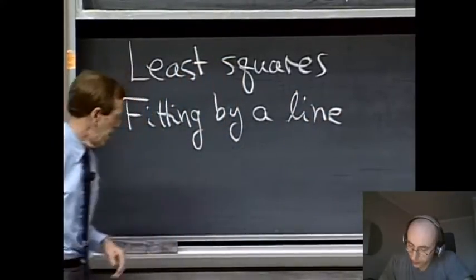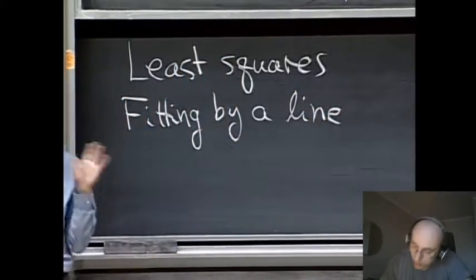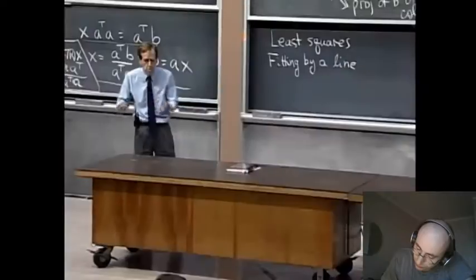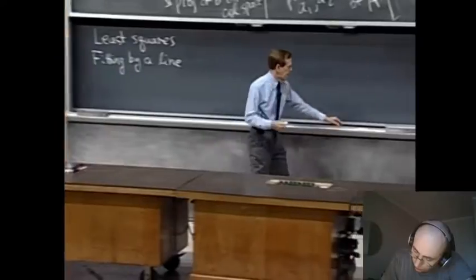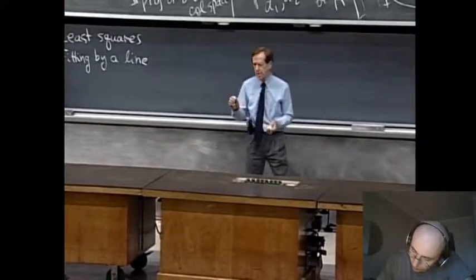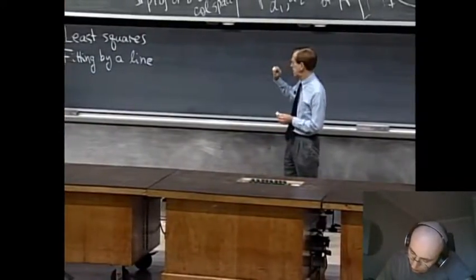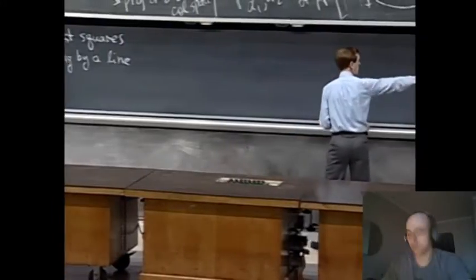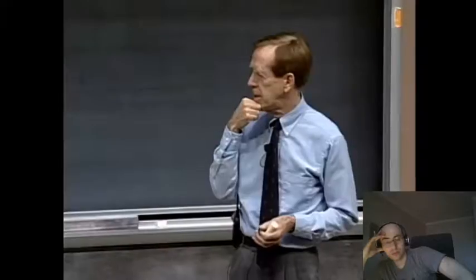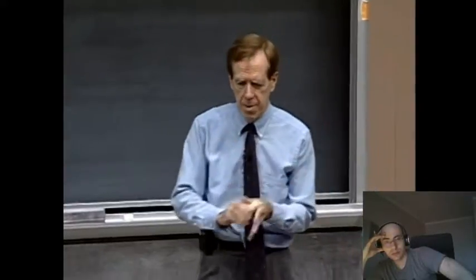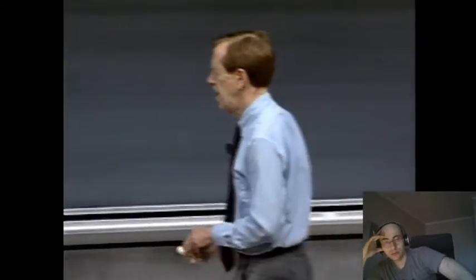I'll start this application today, and there's more in it than I can do in this same lecture. That'll give me a chance to recap the formulas and recap the ideas. So let me start the problem today.